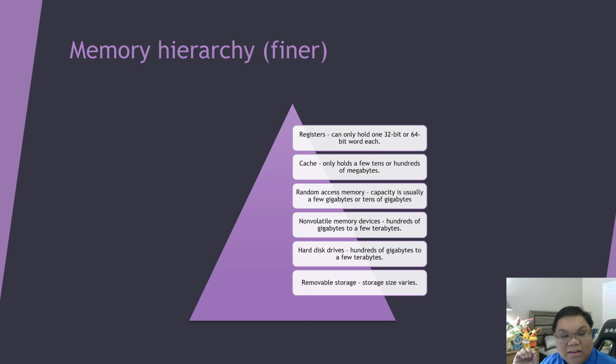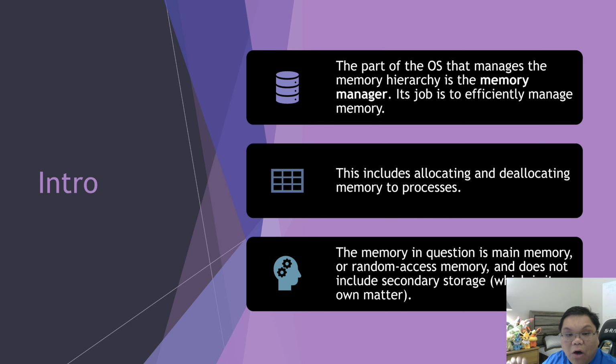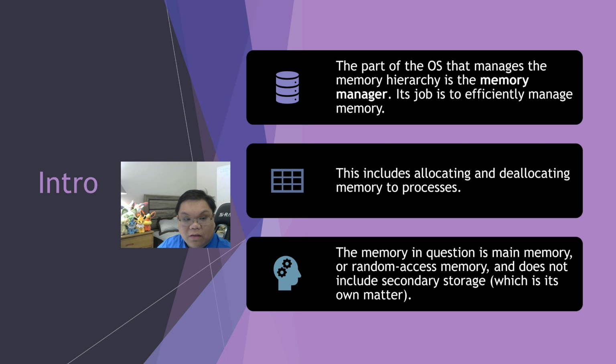But our discussion here is about random access memory, or main memory as I like to call it, or main memory as it's referred to in other contexts. So really our discussion is, how are we using main memory to store our programs? The part of the OS that manages memory is the memory manager.